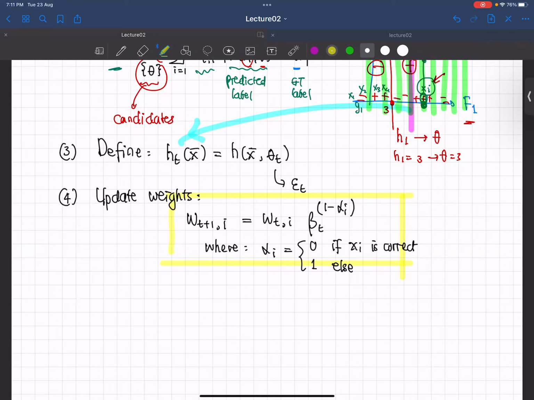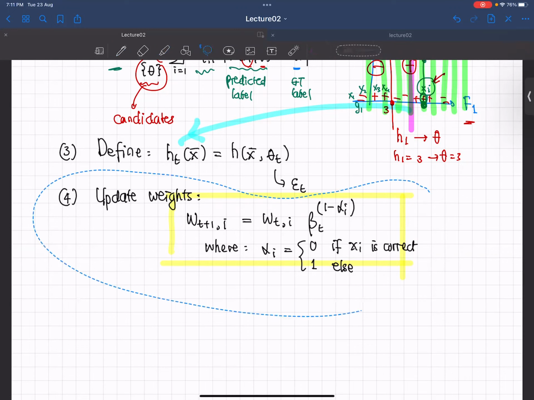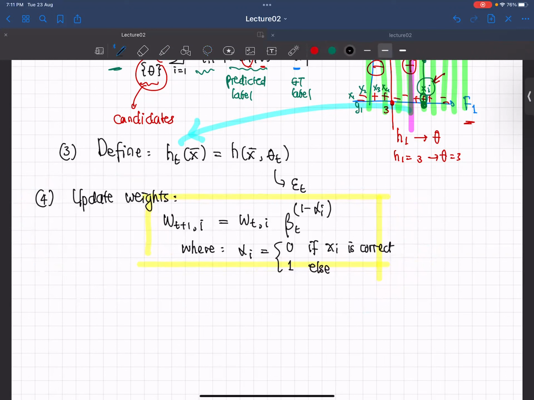Let's see what the definition of beta is first. The definition of beta here is beta_t equals epsilon_t divided by 1 minus epsilon_t.